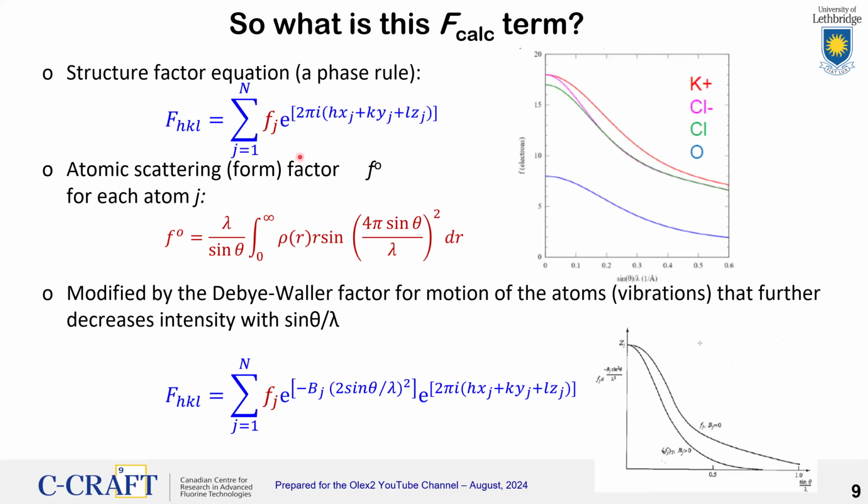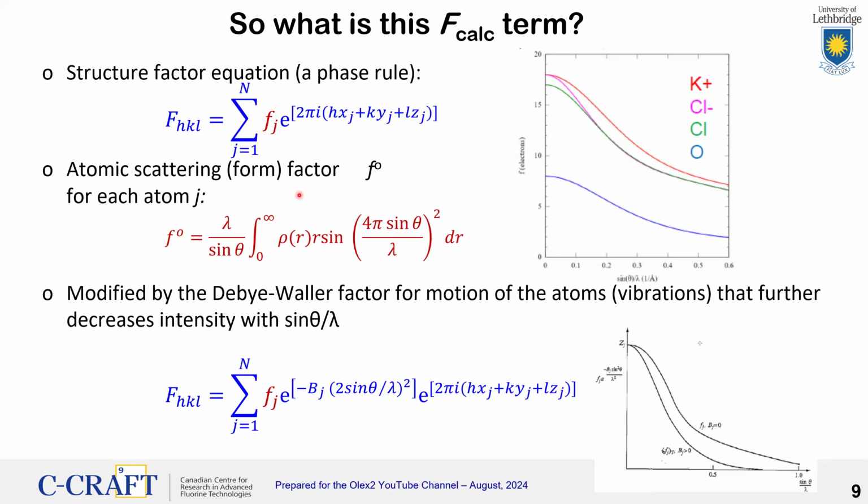And similarly, for every atom, there is a multiplier called fj, which is known as the atomic scattering factor, and used to be called the form factor, which is why it's given the symbol little f. Okay, so little f is each atom, big F is the complete ensemble of atoms in the unit cell. That's the basic idea behind this.